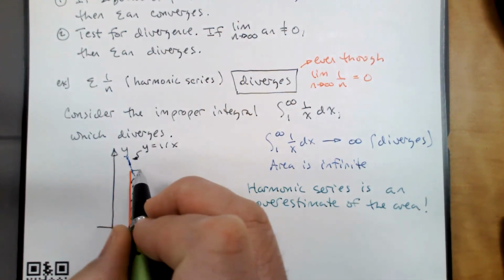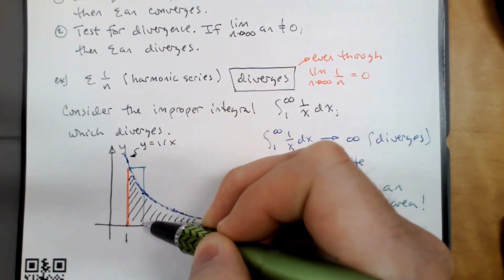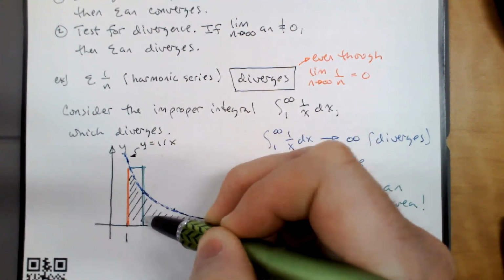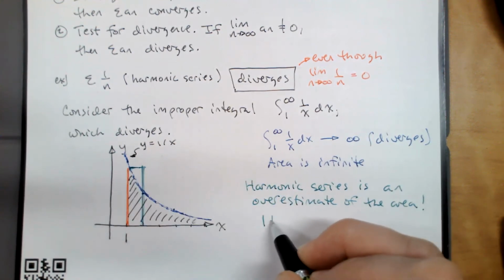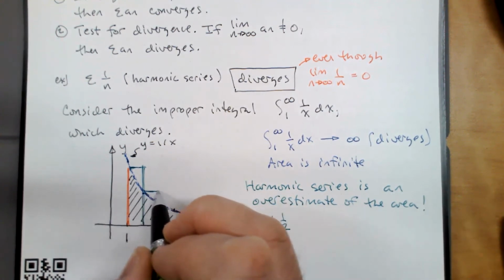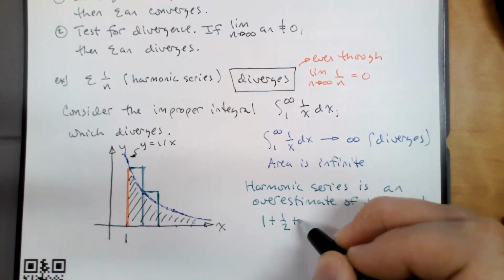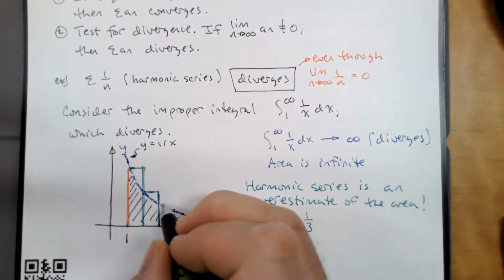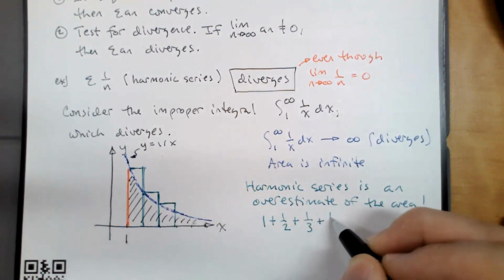So here's that first area of 1. And then the next area is 1/2. And then the next area is 1/3. And so on.